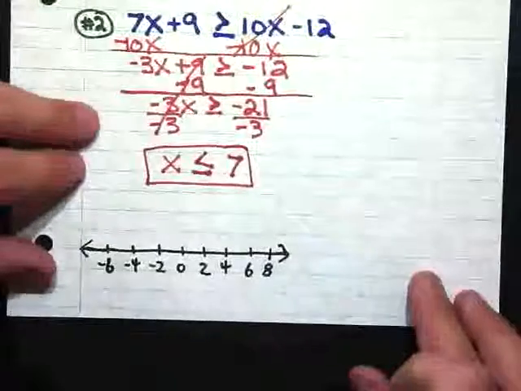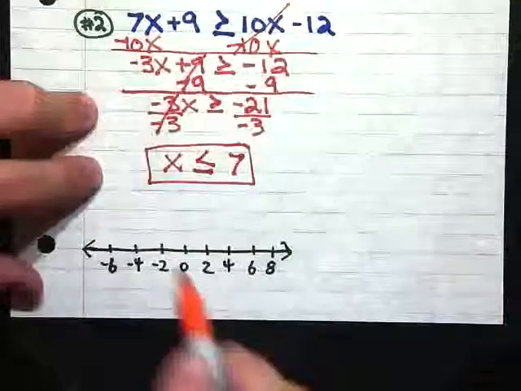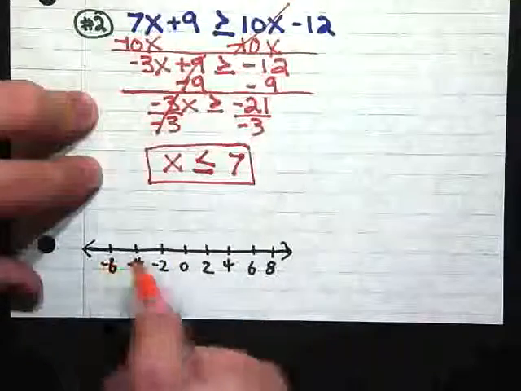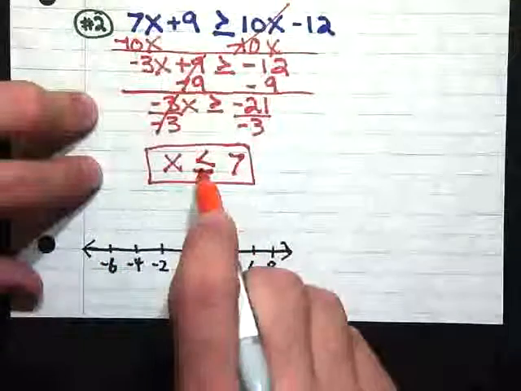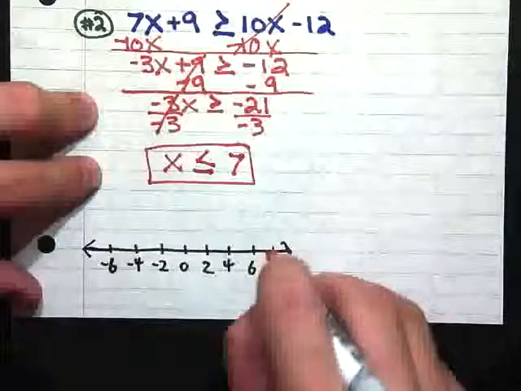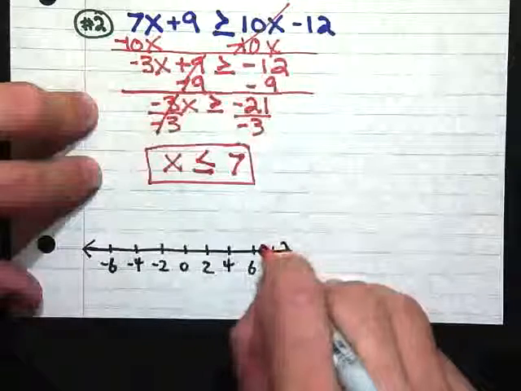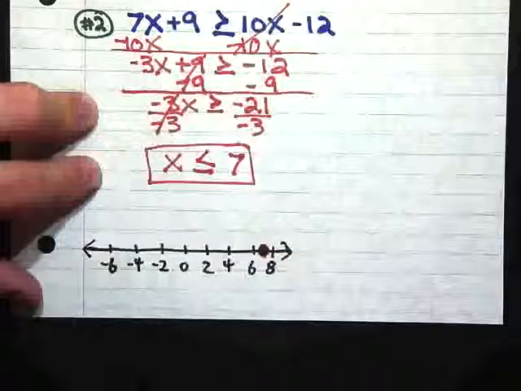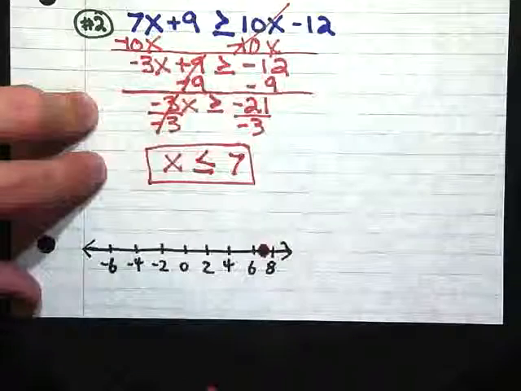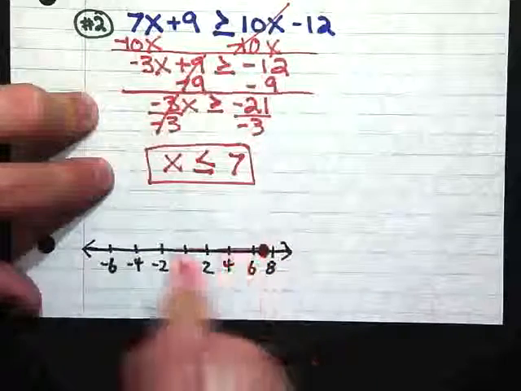Now we want to graph it. Because our inequality is a less than or equal to inequality, it's going to be a closed circle at positive 7. There's our closed circle at 7. And we want all the x values that are less than that, so it's going to be everything to the left.